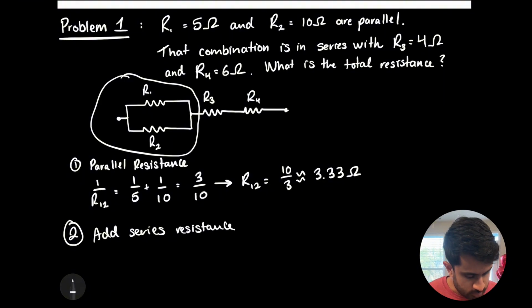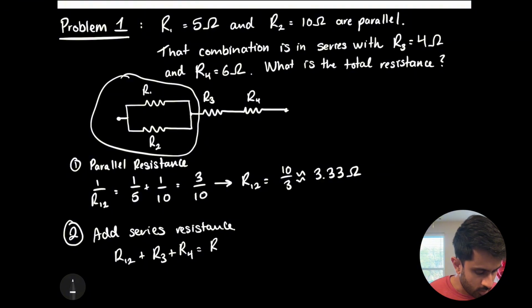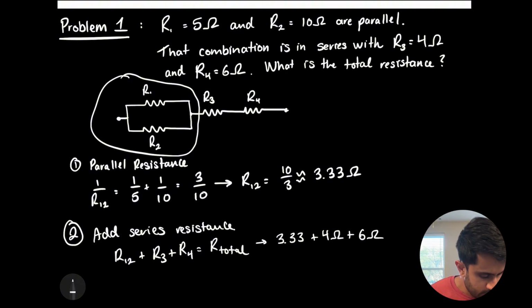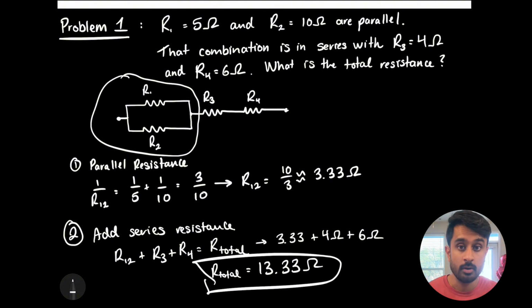So in this case, we would do R12 plus R3 plus R4 is going to be equal to R total, meaning this is going to be 3.33 plus 4 ohms plus 6 ohms, meaning that our total is going to be equal to 13.33 ohms, which is our final answer.